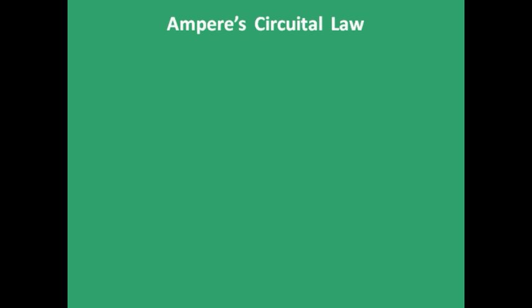What it says is that if you have a closed loop, and you have some currents passing through it, take any length element dl.